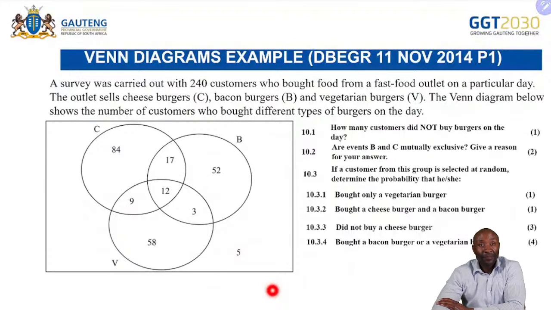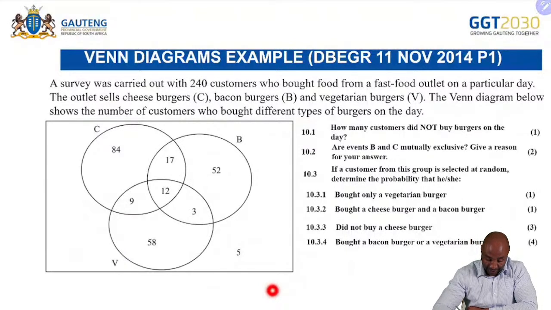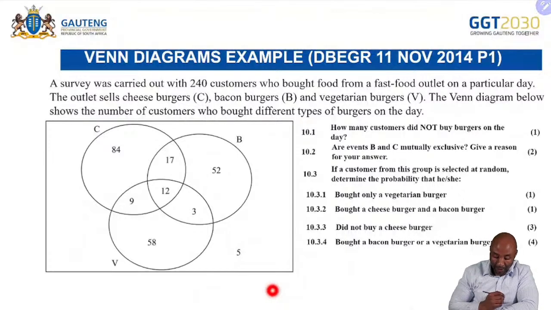Welcome back. I hope you were able to answer the questions. Now, remember, you are extracting information. All the information is already represented for us in a Venn diagram. So we will be able to extract what we need.